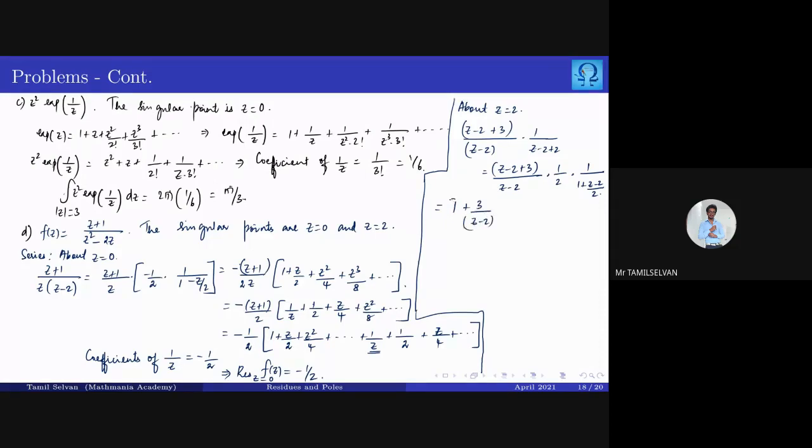Which is to be multiplied with this 1 upon 2 here. So this is to be multiplied with the series expansion of this quantity.